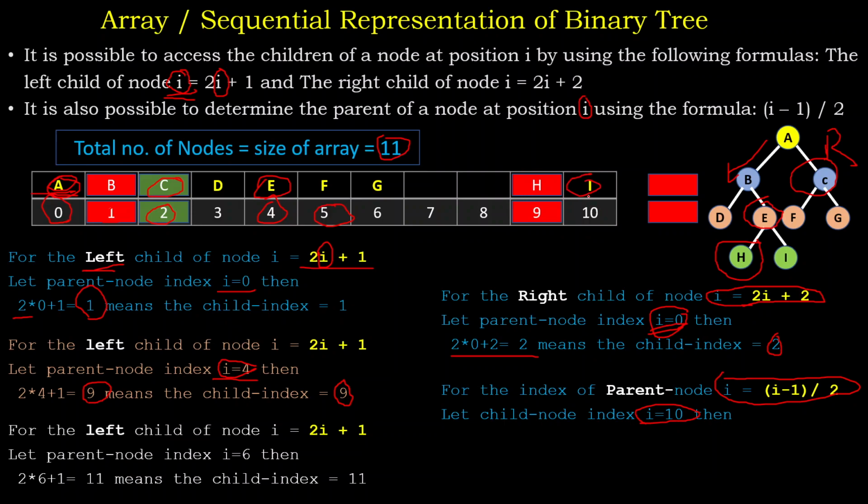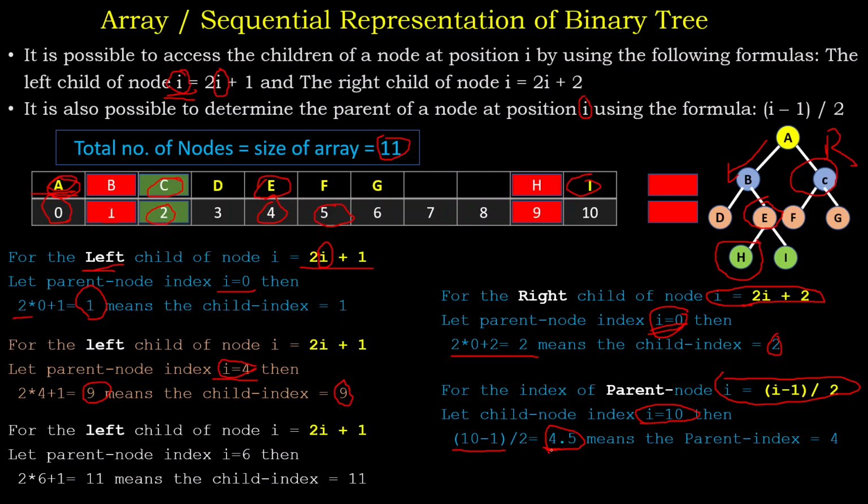The immediate successor is the child and the immediate predecessor is the parent, so we must find the parent. When you calculate the formula, 10 minus 1 divided by 2 equals 4.5. Here we get a decimal value, but we have to take only the floor value, not the ceiling value. Floor value means we do not consider the decimal, so only 4.